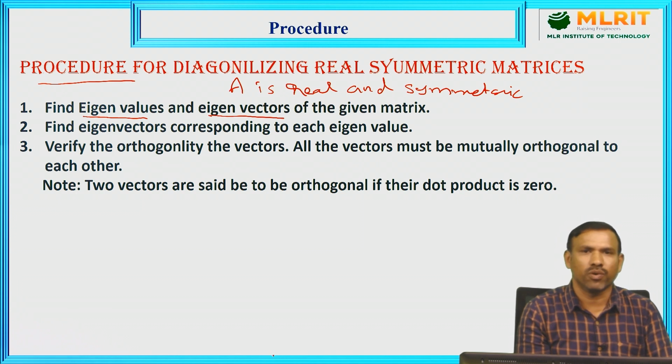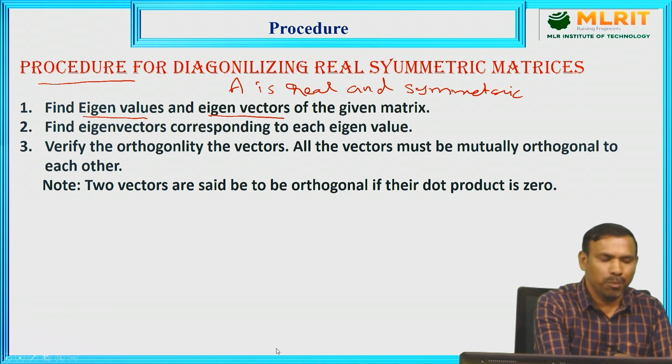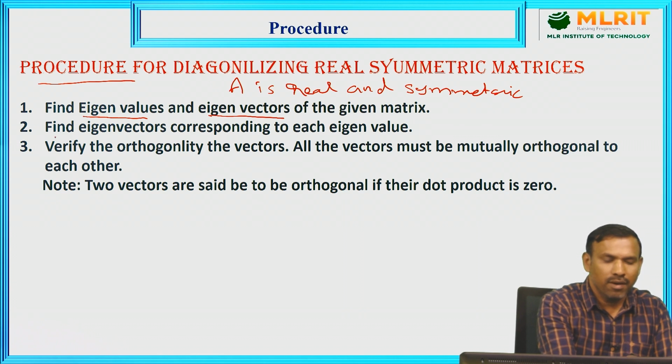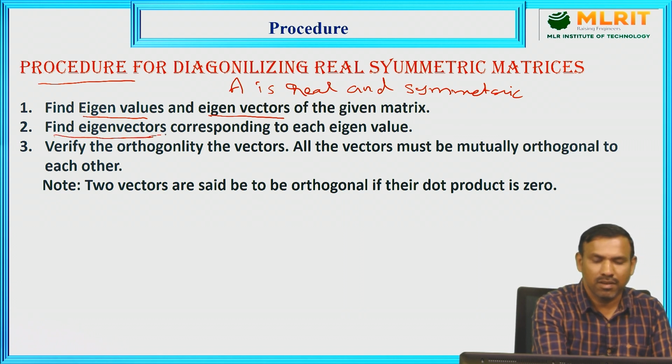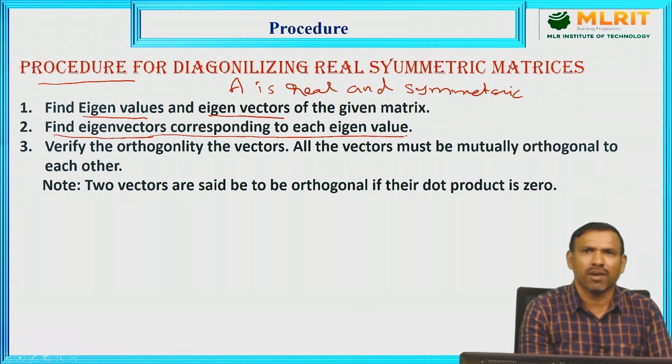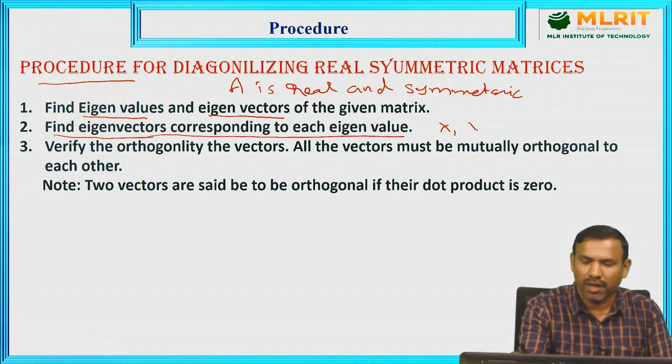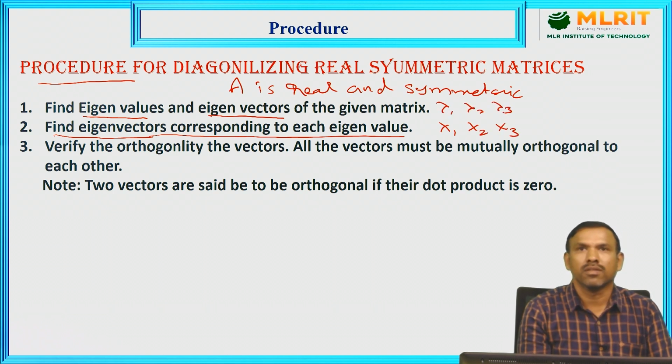We know how to find eigenvalues and eigenvectors very well; we have discussed it in the previous lectures. After finding them, suppose we got 3 eigenvalues for a 3 by 3 matrix, lambda 1, lambda 2, lambda 3. Then we find 3 eigenvectors, x1, x2, x3.